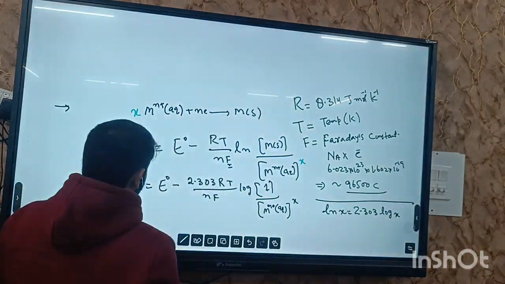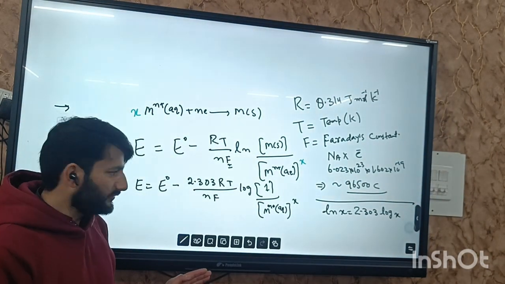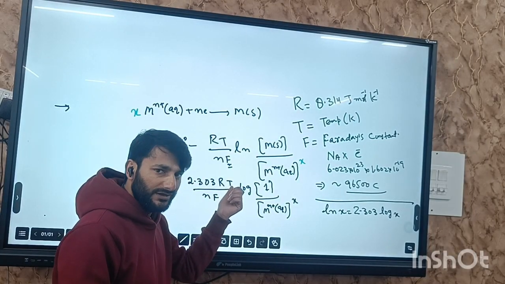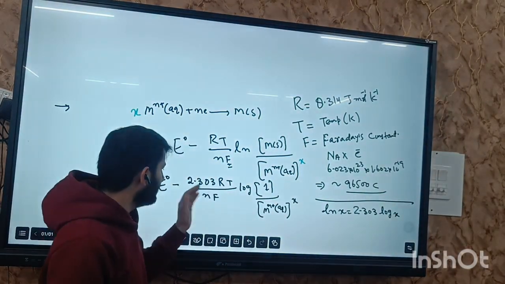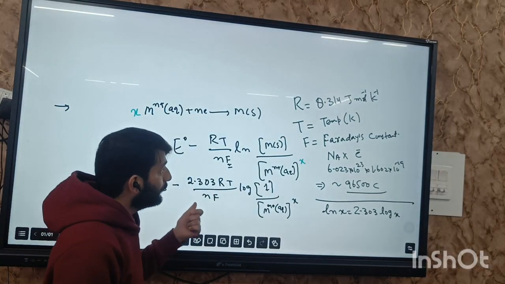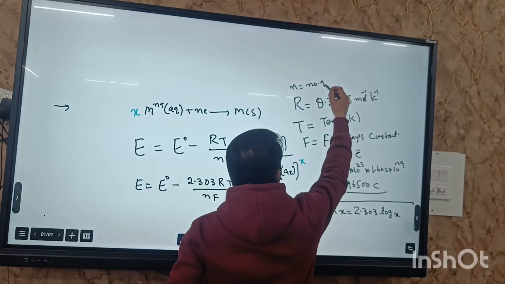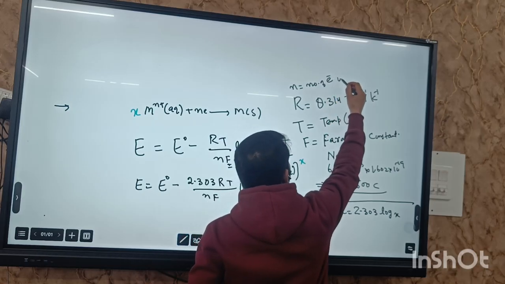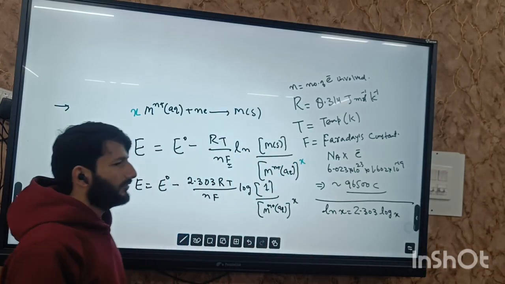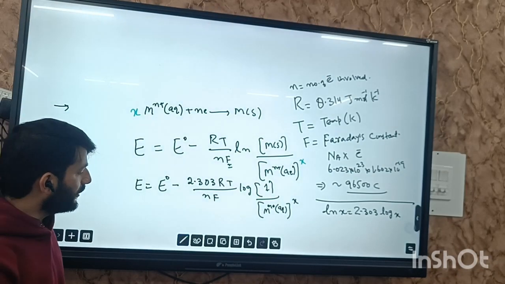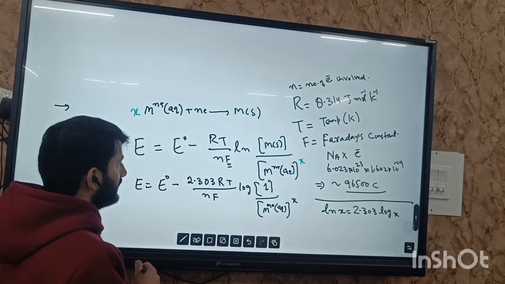Now if we change the concentration only, and keep the temperature at 298 Kelvin, we know R is 8.314, F is constant, and everything is constant other than this N. What is N? N is the number of moles of electrons, or the number of electrons involved in a particular reaction.